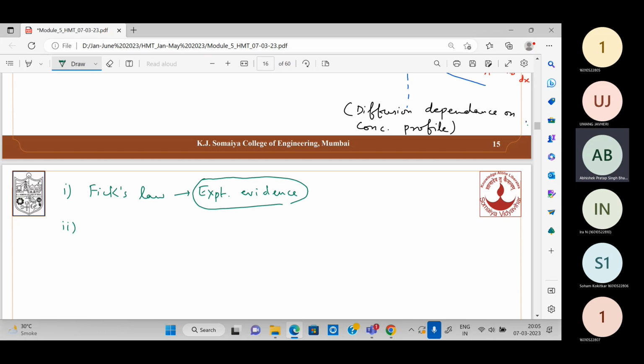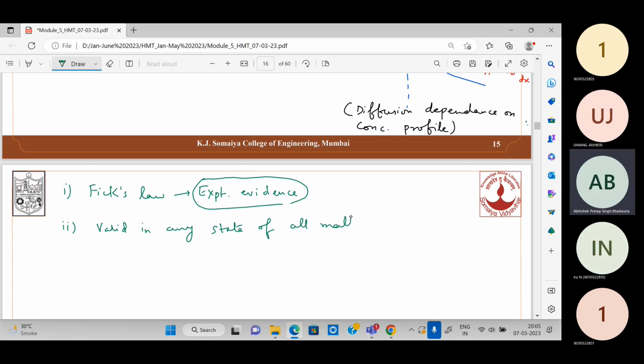Next, we can say it is valid in any state of all matter.